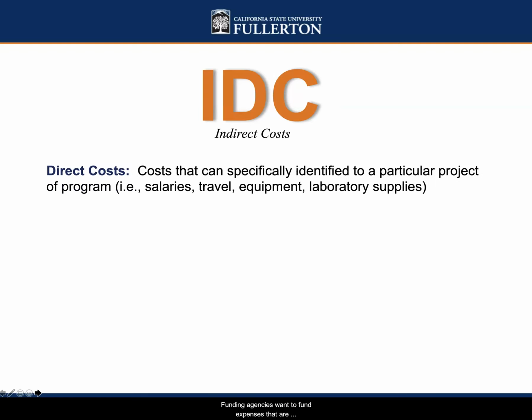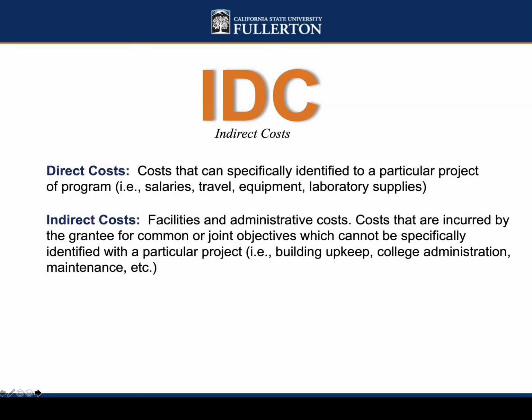Funding agencies want to fund expenses that are directly associated with the programs, such as travel, equipment, program, and supplies, but recognize that it takes individuals to run programs. Therefore, they will cover the salaries of the key personnel with duties specific to the implementation of the program. But they also allocate a specific amount for other costs, such as facilities, administrative, or overhead.